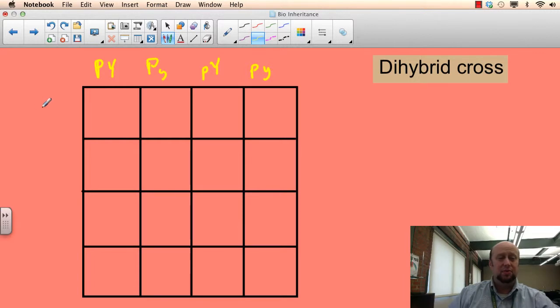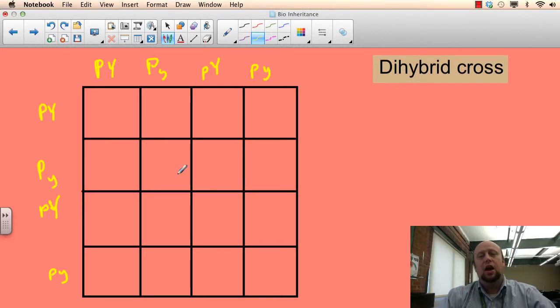And then we would do the same thing if we're doing a dihybrid cross and they were both dihybrids, we would put that here as well. Come down to the next one. We've got that same P and Y, lowercase p, capital Y. And then we come down here to the bottom. We've got lowercase p and lowercase y. And then we would carry the things across and down, just like we did in our other cross.